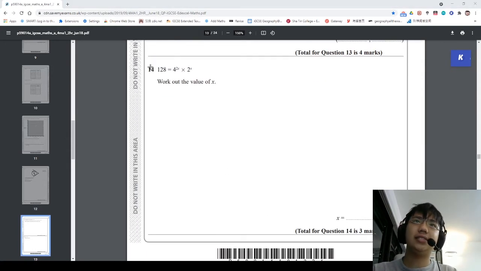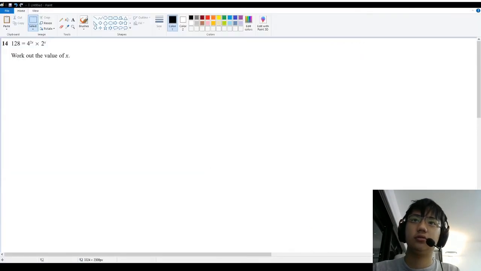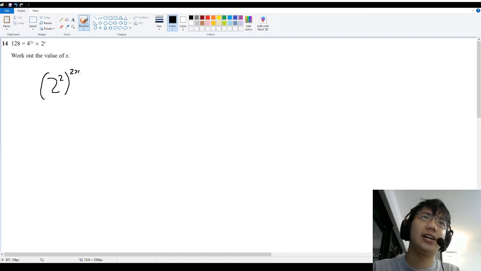Question 14 states that 128 equals 4 to the power of 2x times 2 to the power of x. Work out the value of x. So 4 to the power of 2x would be 2 squared to the power of 2x, times 2 to the power of x.